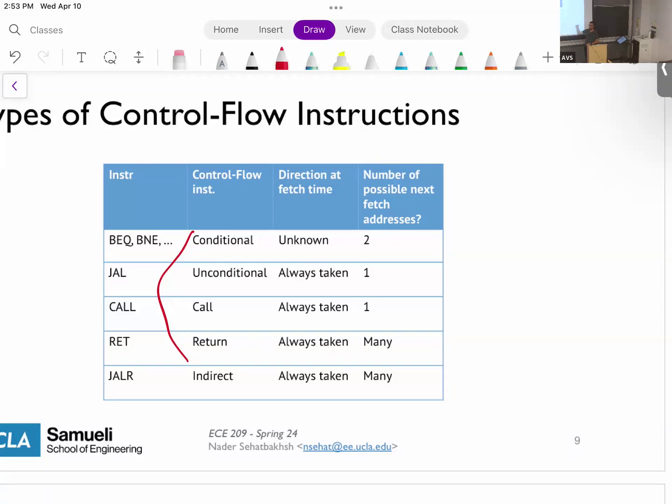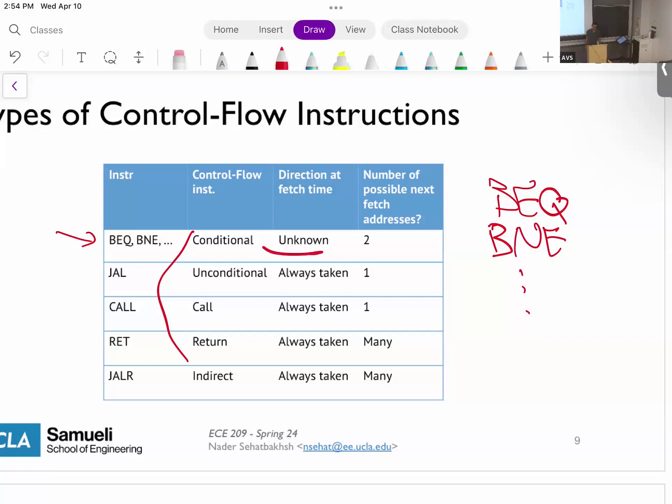So the most obvious one is conditional branches. In RISC-V, these usually start with the character B, and then we have a bunch of different ones. So for example, BEQ, BNE, which is not equal, greater than, and so on and so forth. You can refer to the table that I showed you in lecture 2. So these are conditional branches.